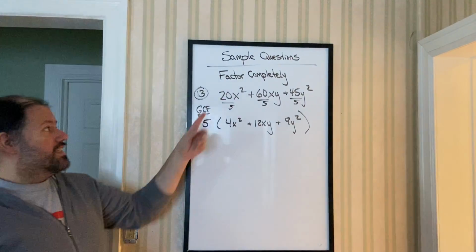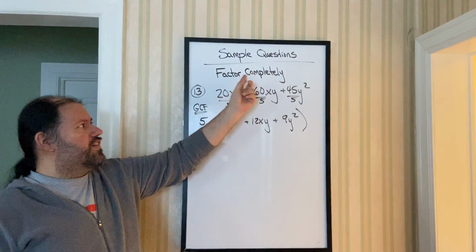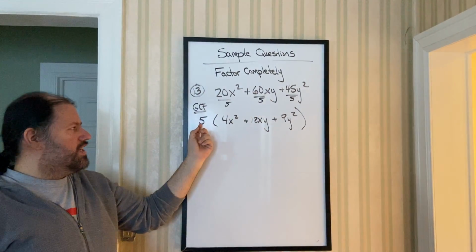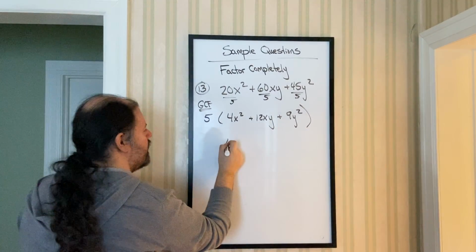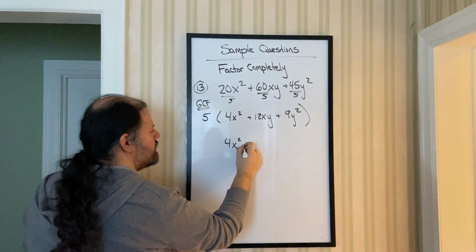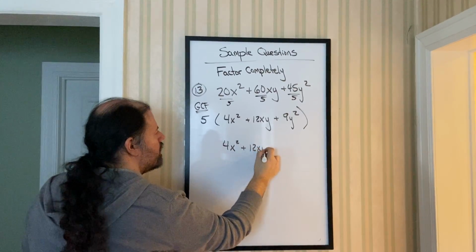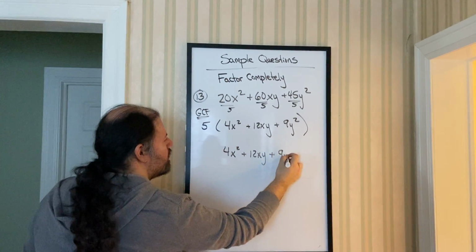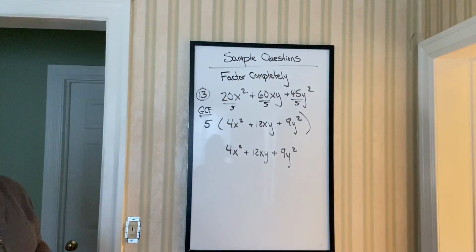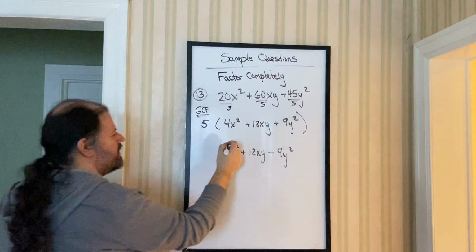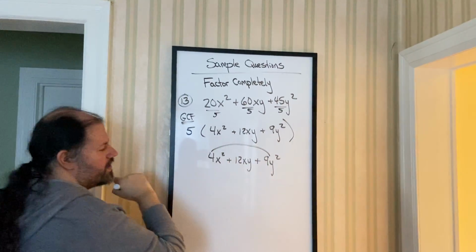Now remember, it's not just factor out the GCF, it's factor completely. So once you take out the GCF, look at your leftovers, see if that can factor out further. Because it has one, two, 3 terms, we are going to do the arch method. So we're going to do 4 times 9.